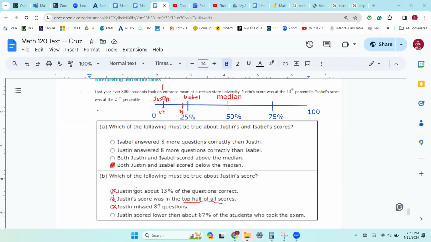That's not what the percentile ranking is about. The percentile ranking is about where they appeared. So Justin scored lower than 87% because he did better than 13%, but he had a long way to go to get to the top. And as a matter of fact, that's where the 87% comes in.